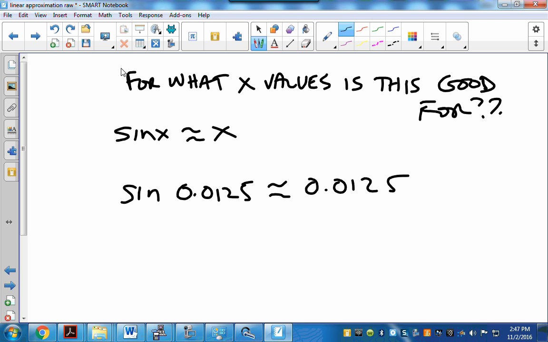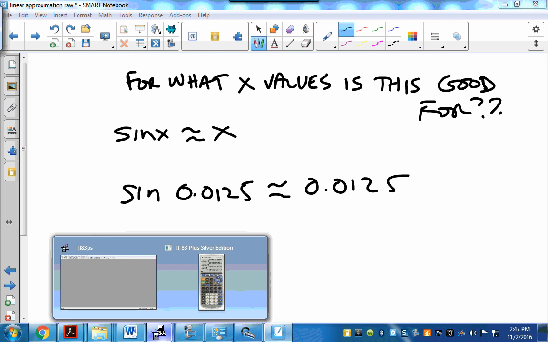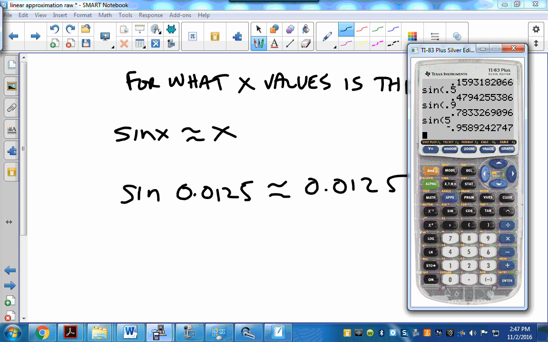Say again? Well, we could try that, but I think you'd be disappointed if I throw in the sine of negative 30. That's nowhere near negative 30, but negative 30 is less than 1. So try guessing again. For what values is this good for?